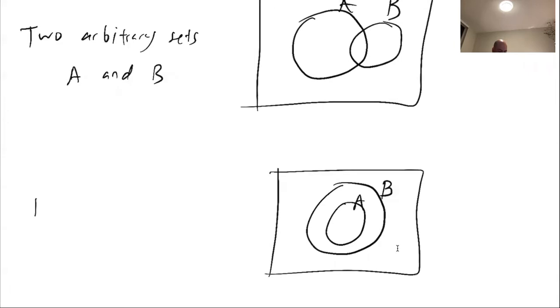Here, A is a subset of B. Because A is a subset of B means every element of A is inside B. So that's why if you want to represent with circles, we would put A as a circle inside B, to show that every element of A is inside B.